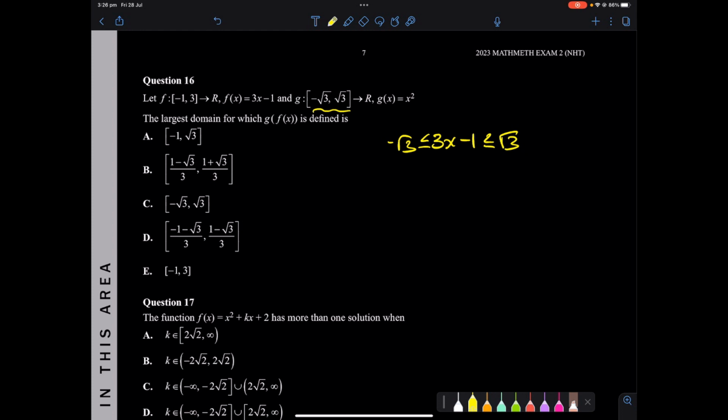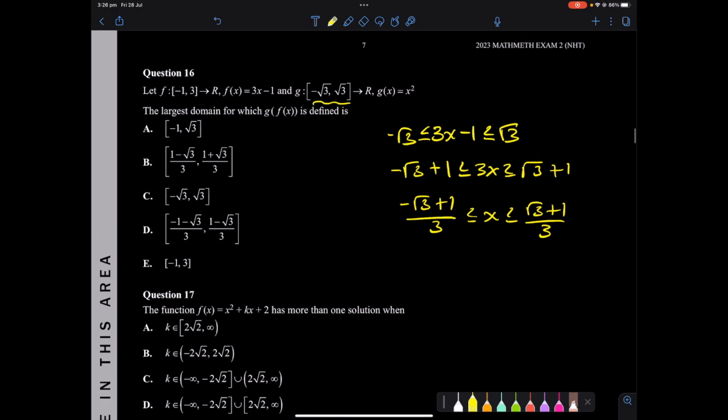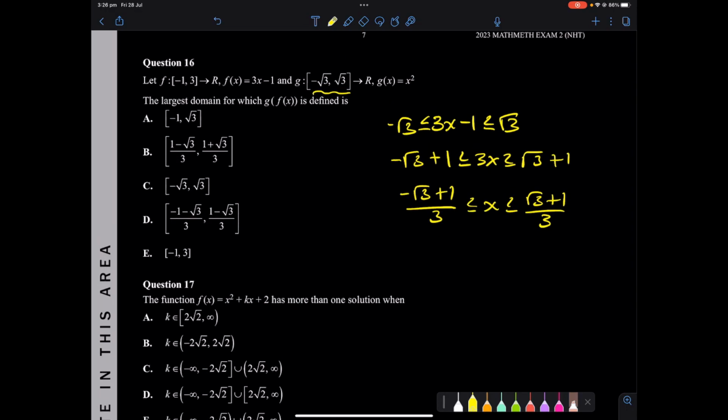So the largest domain, if we solve this, is negative root 3 plus 1 less than 3x less than root 3 plus 1. If we divide all by 3, x will be between negative root 3 plus 1 over 3 and root 3 plus 1 all over 3. Looks like B is your answer.